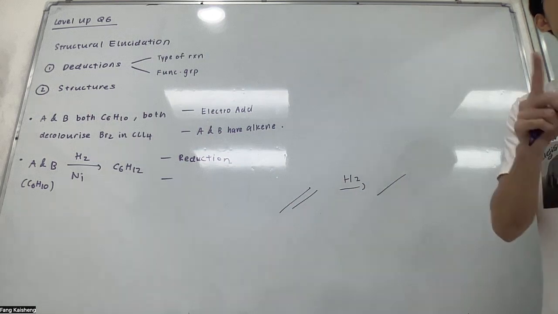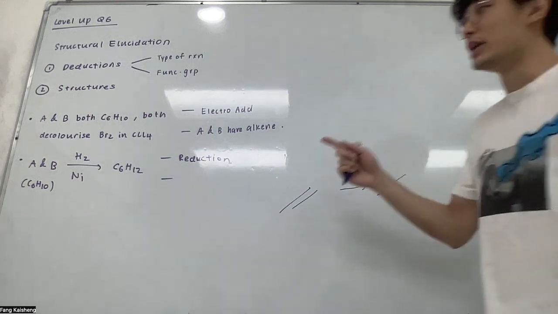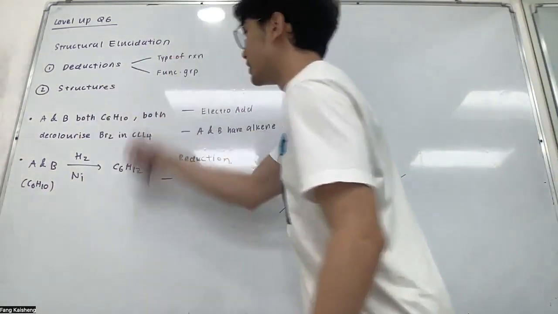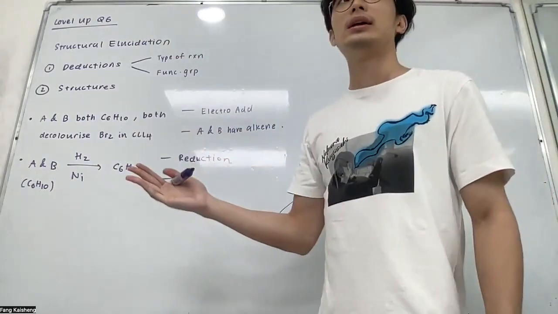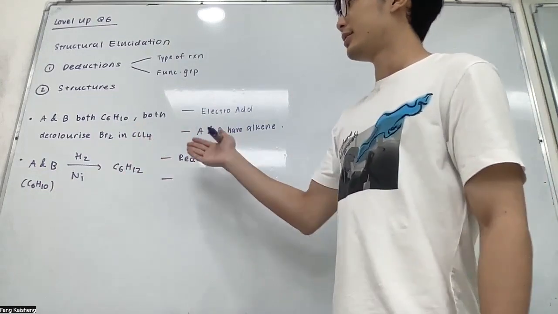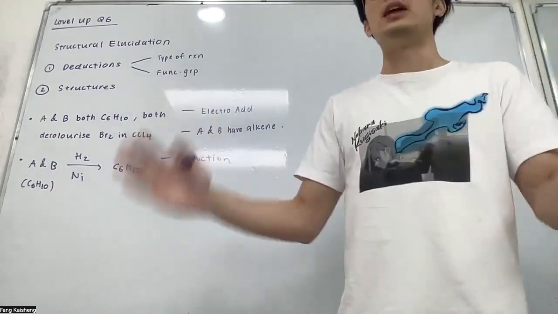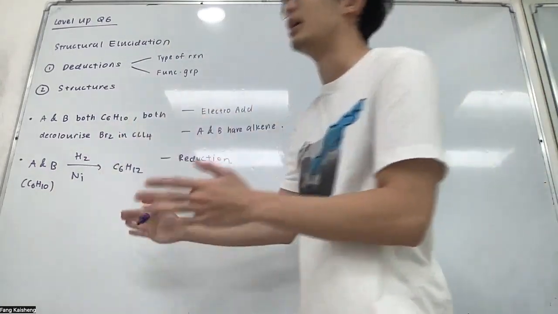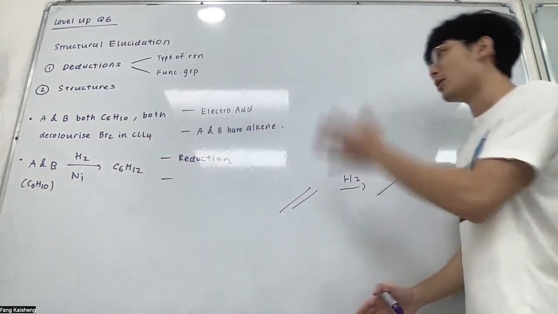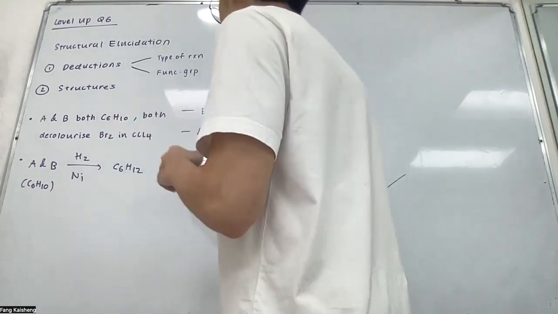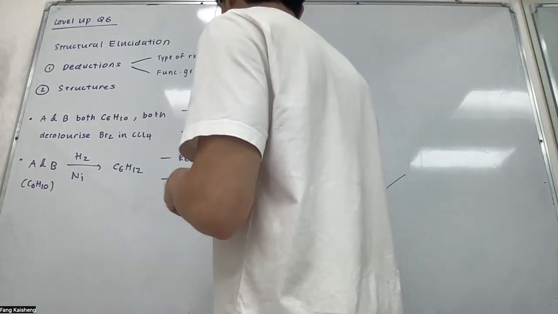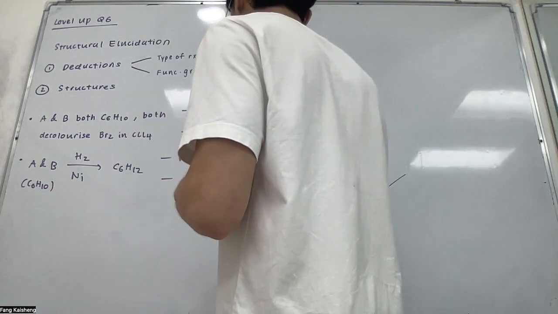They each have how many alkenes? If they only turn from C6H10 to C6H12, just one. If there were 2, what would it have turned into? C6H14. Good. See the idea here. The number of H's that you had will tell you how many alkenes it has. That's why the molecular formula is very important. So because of this information, you can tell me A and B only have one alkene each.